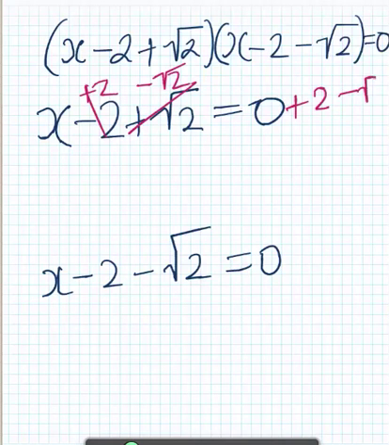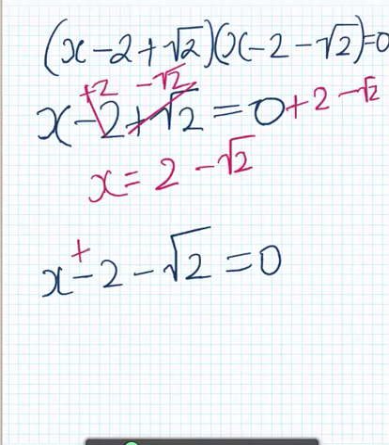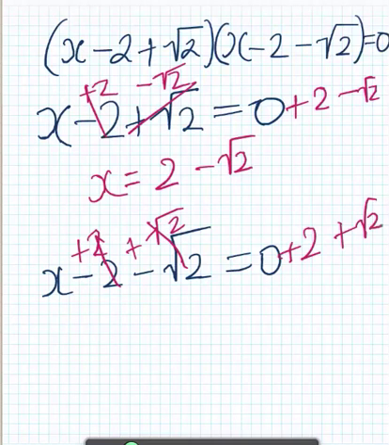So for this one, x will equal 2 minus the square root of 2. For the one down here, we have to plus 2 on both sides, and also plus the square root of 2 on both sides. They look very similar, but this one has a negative here, and this one has a plus. So x will equal 2 plus the square root of 2.